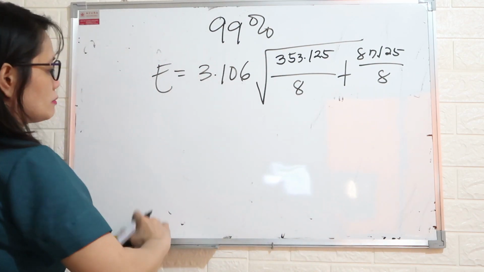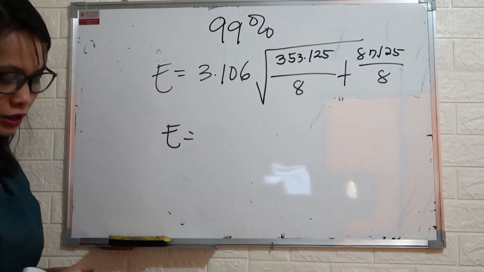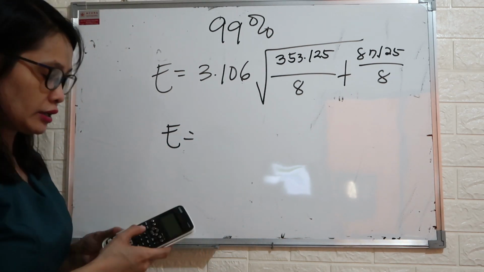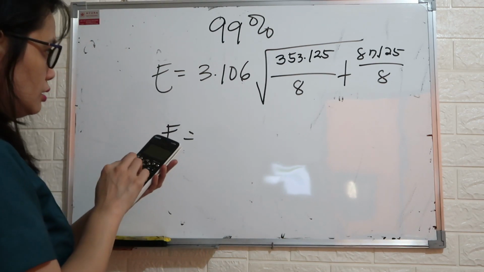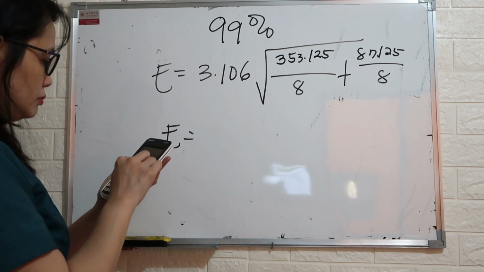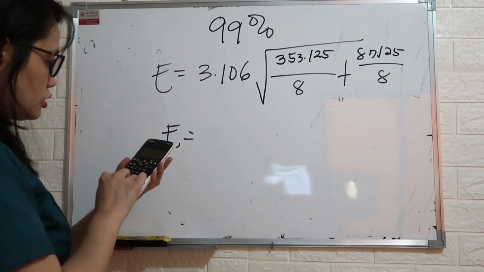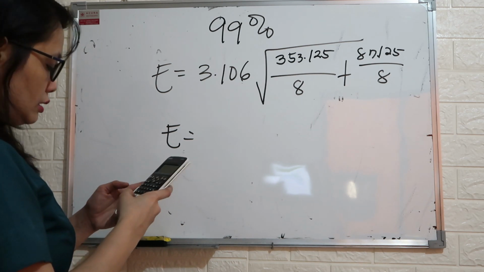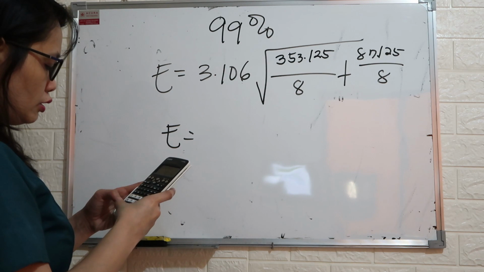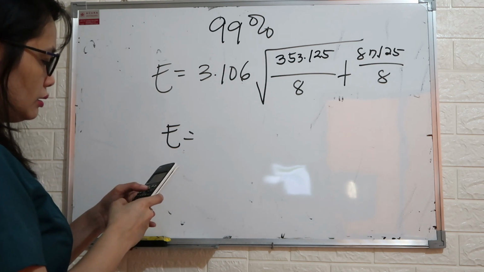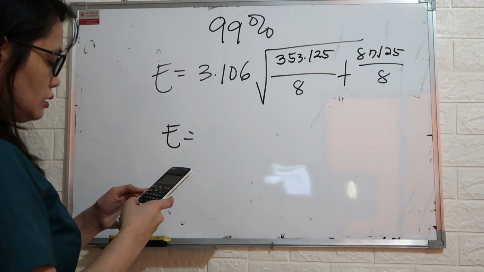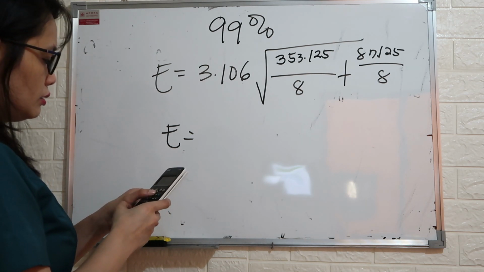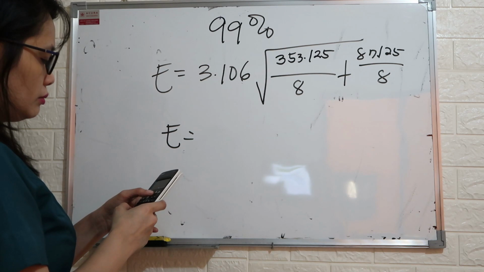So what will be the margin of error? So using a calculator, we have 3.106 multiplied by the square root of 353.125 divided by 8 plus 87.125 divided by 8.